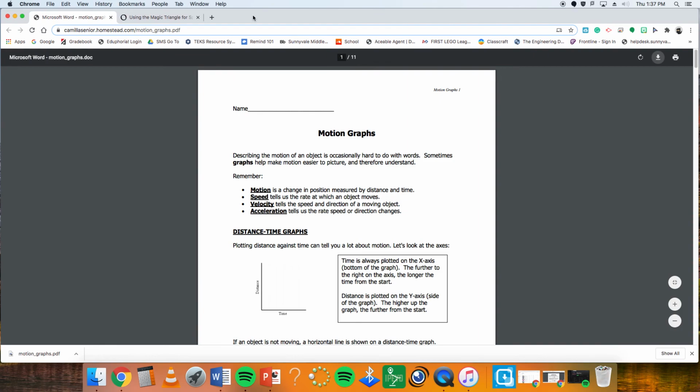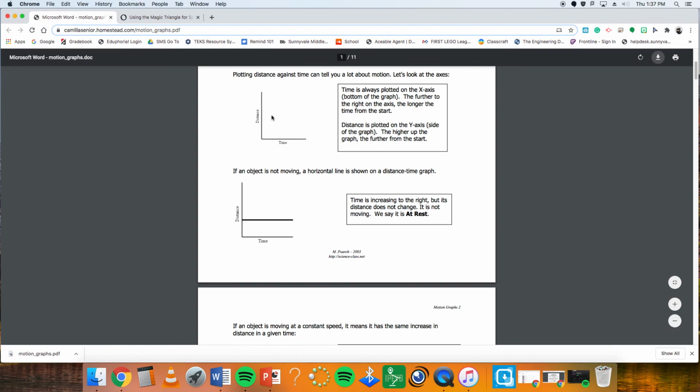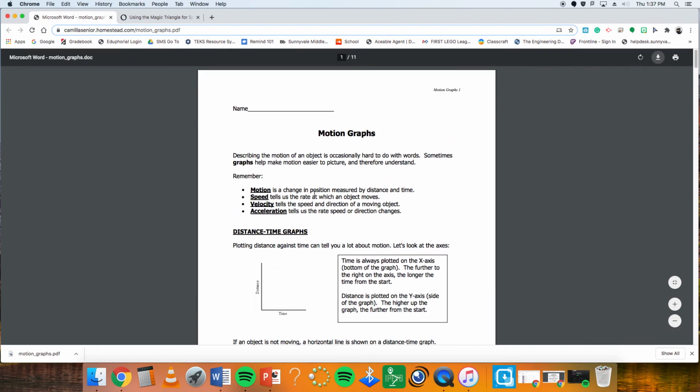For this TEK, you will be looking at graphs, calculating, using the formula, and trying to understand graphs. So knowing the vocabulary words inside and out, being able to differentiate between speed and velocity, and being able to read a distance time and speed time graph is what you need to be successful on this TEK.